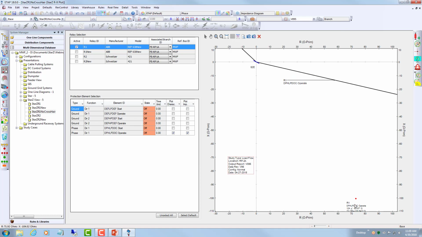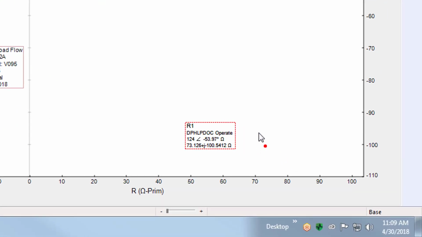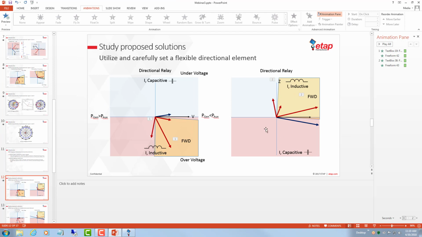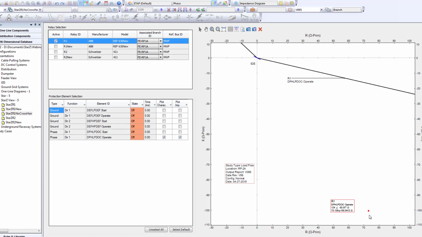When we start with a 95% voltage on the utility side, as we mentioned, the seen impedance that we expect from the system is that the WTG will behave like a capacitor. So when it behaves like a capacitor, as we mentioned, the seen impedance would be in this area. 95% is a low voltage, so the WTG tries to inject lots of reactive power, so the seen impedance comes in this side of the system, and this is what you see in ETAP.